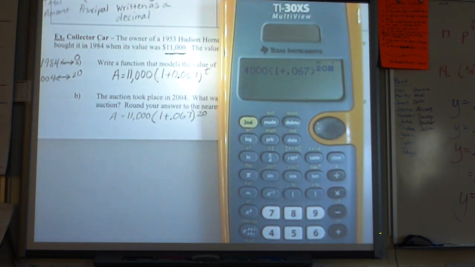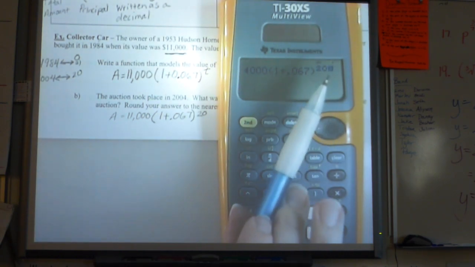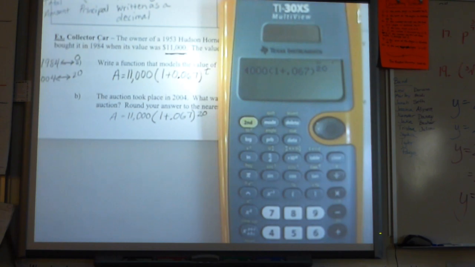Okay, so your function, or your equation, should look like that. 11,000 times 1 plus 0.067. Don't forget your parentheses. Those are located above the 8 and 9 buttons. Raised to the power of, and then your caret key right here, kitty corner from the 7, to get into the exponent. And how much will it be worth at the end of 20 years? Pretty nice, right? $40,242.